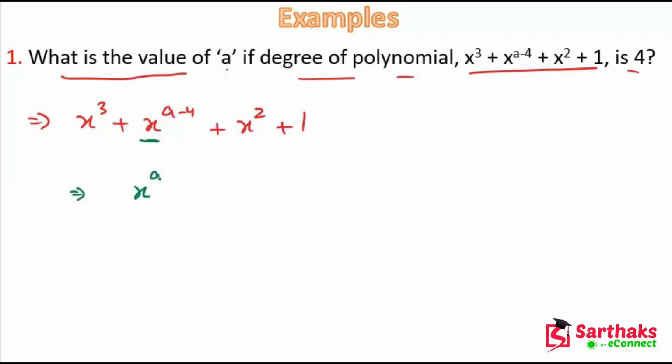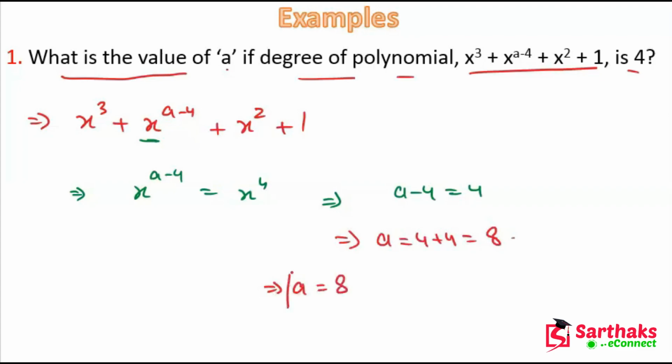The base is the same, so we can equate the powers. We get a minus 4 is equal to 4, so a is equal to 4 plus 4, which is 8. So the value of a is 8. This is our answer. I hope you get this point.